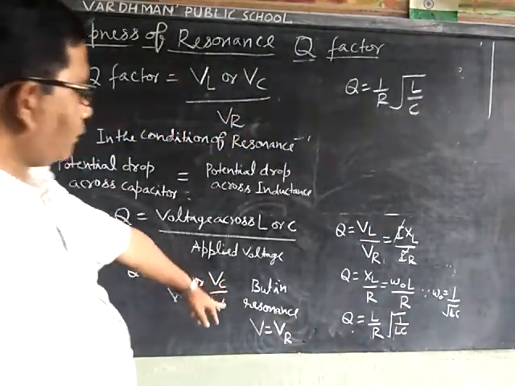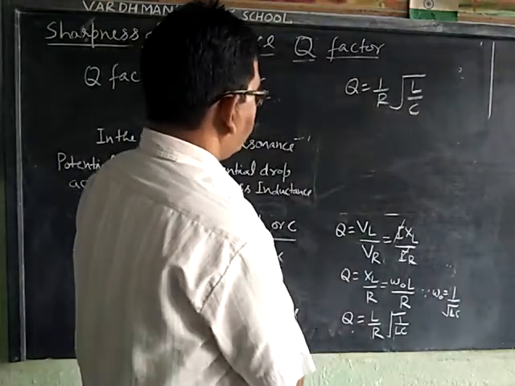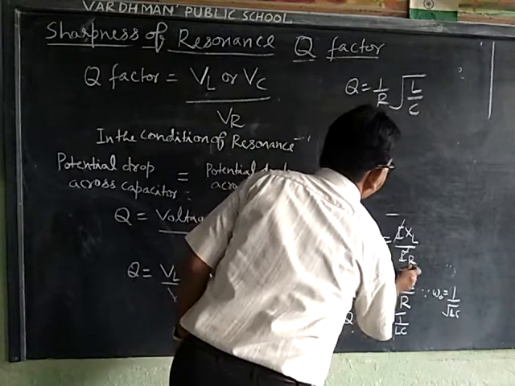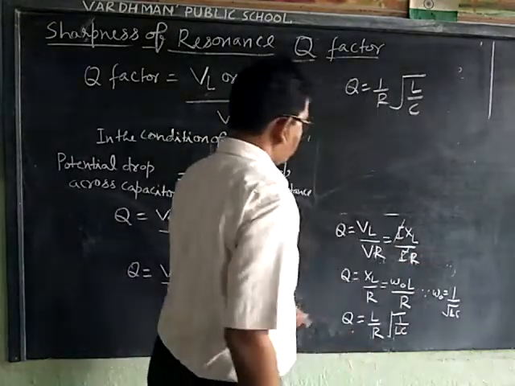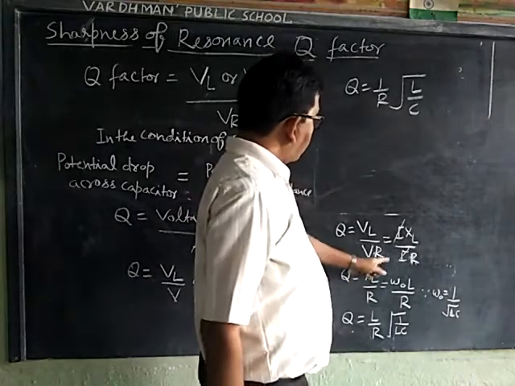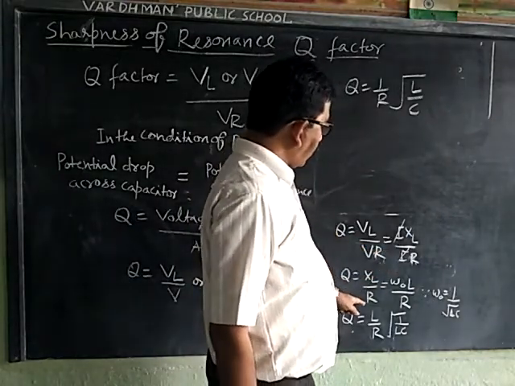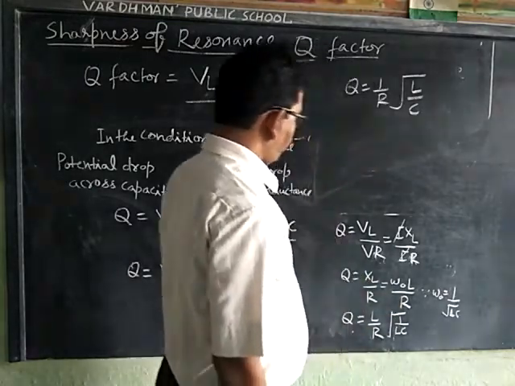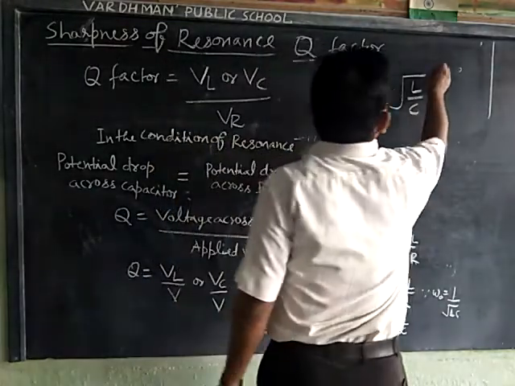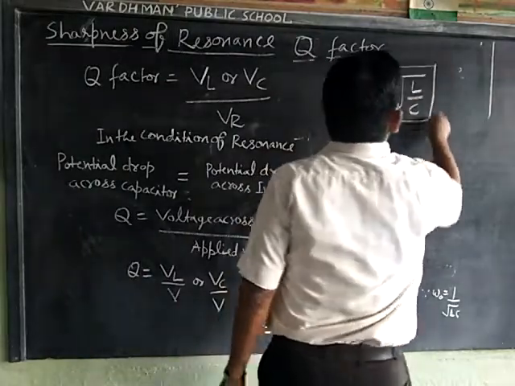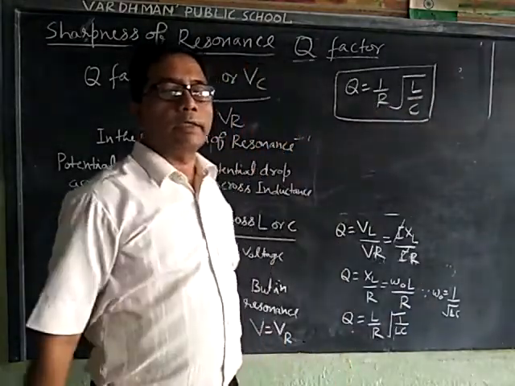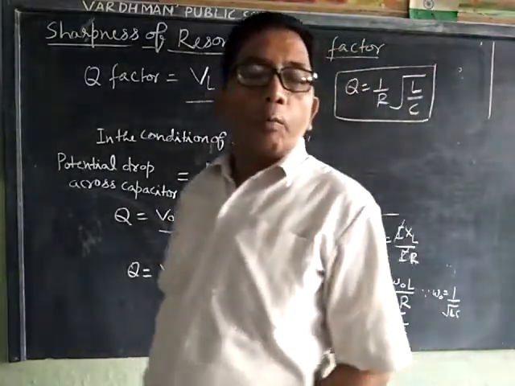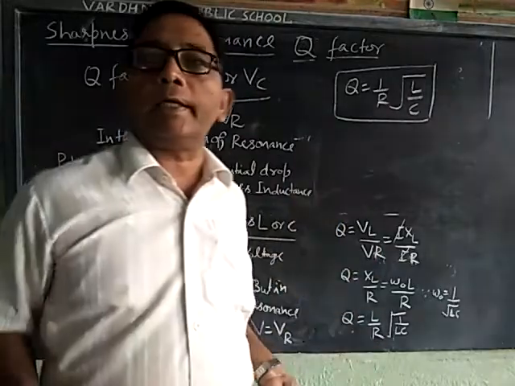In resonance condition, V is equal to VR, cancel I, that is XL upon R, and XL is equal to omega 0 L upon R. Thus Q factor is equal to 1 upon R under root L upon C. What does quality factor indicate?